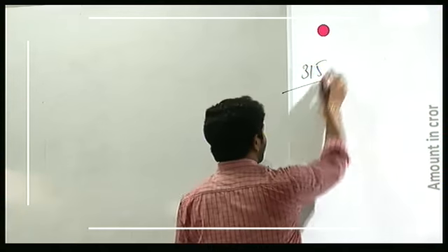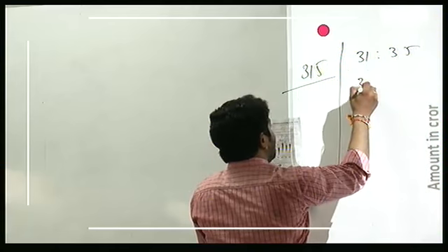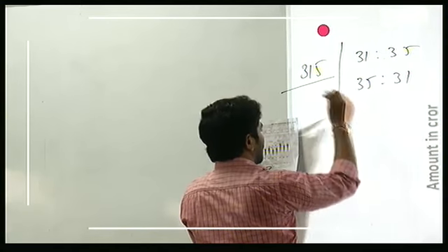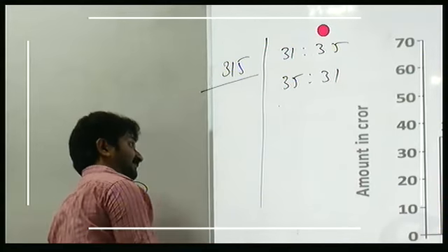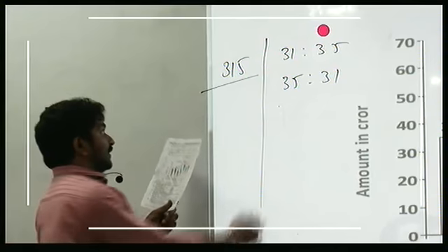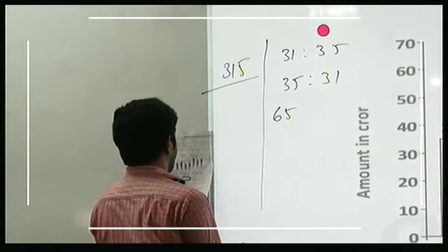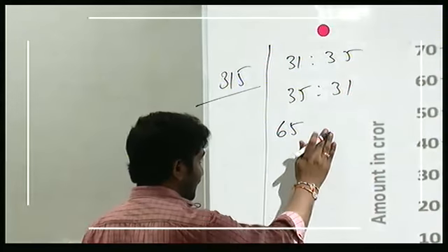I don't want to even calculate the denominator. Let me write the options here. 31 is to 35. 35 is to 31. 35 factor. 65. No. 63. 5 times. 2 options are there.